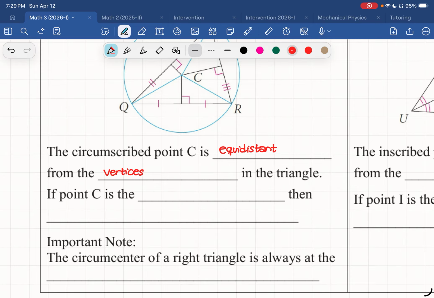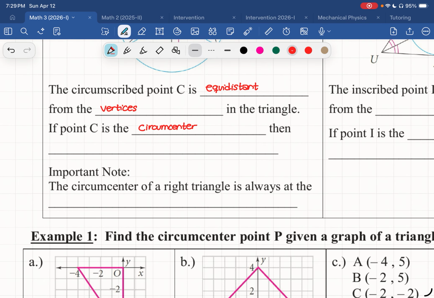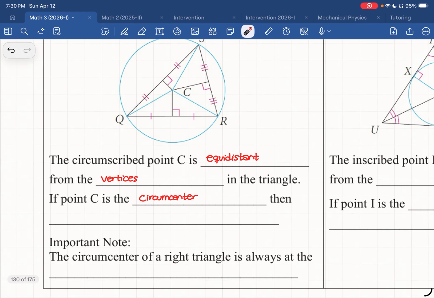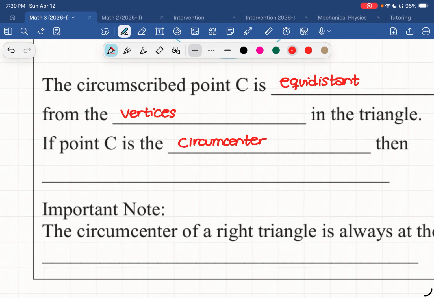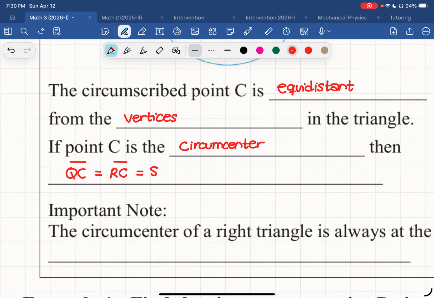So we're going to say if a point C is the circumcenter, then in this case this distance, which is QC, is the same as the distance CS, and is the same as the distance CR, which is that line that I just drew. So the segment QC is the same as the segment RC, and is the same as the segment SC.